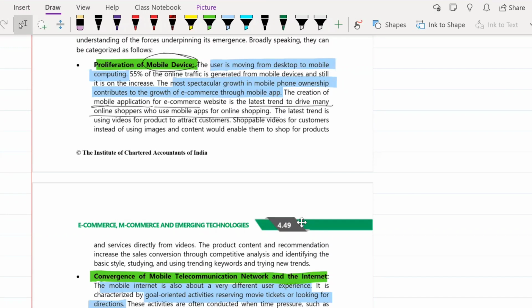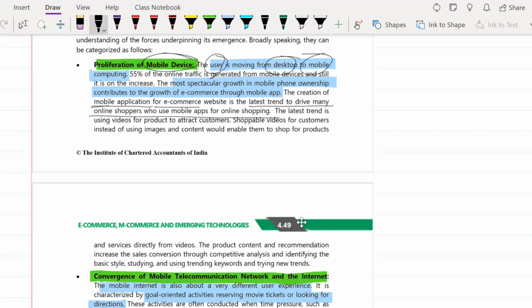Okay. So mobile devices. Mobile came after Jio only, as you all know, and a lot of people started using mobile internet. Due to that growth, with users moving from desktop to mobile, the growth of e-commerce was humongous, because users found it very easy.